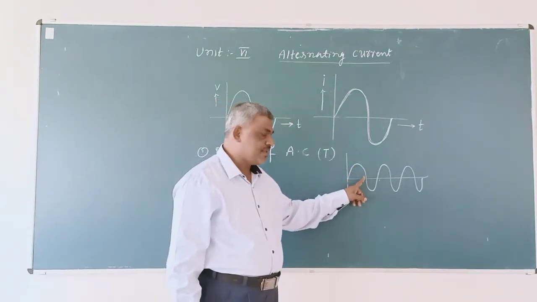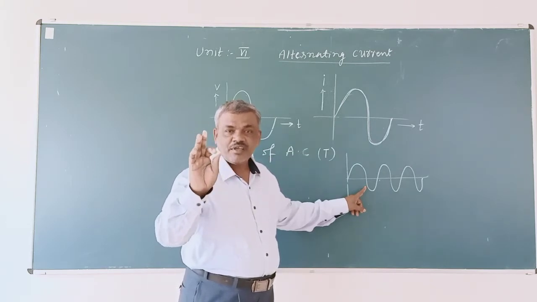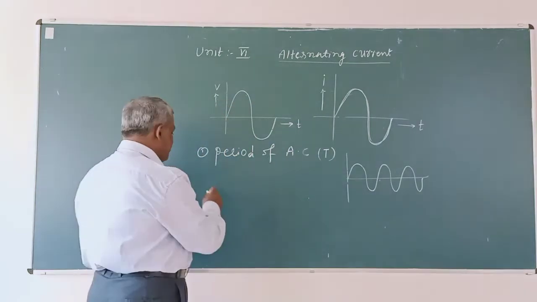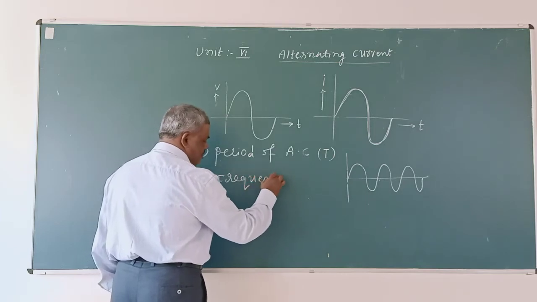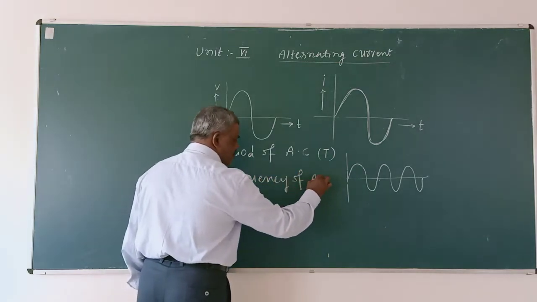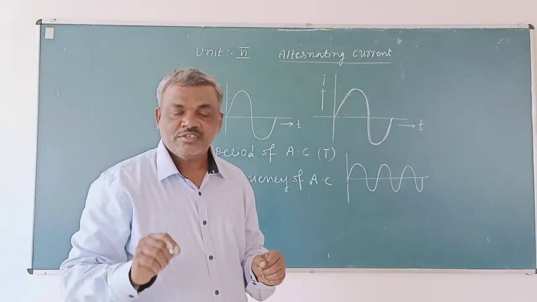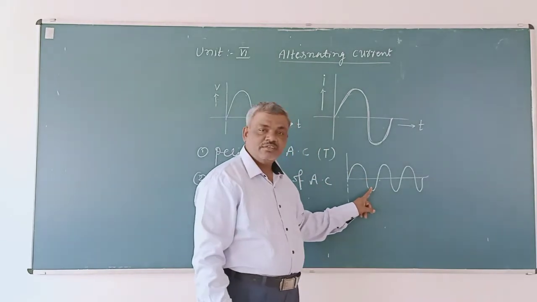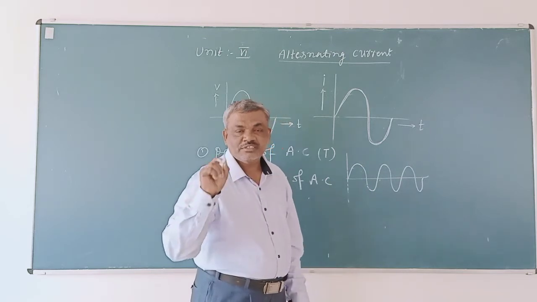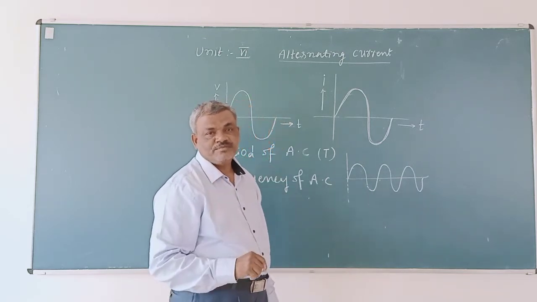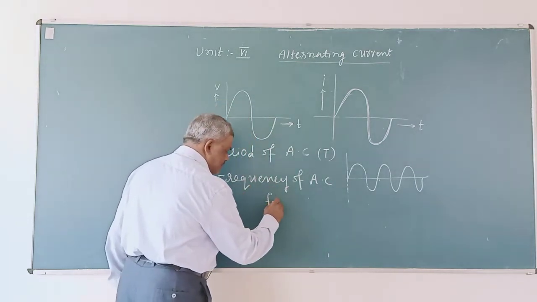The number of cycles completed per second by an alternating current is called frequency of AC. So the value of frequency F equals 50 Hertz.